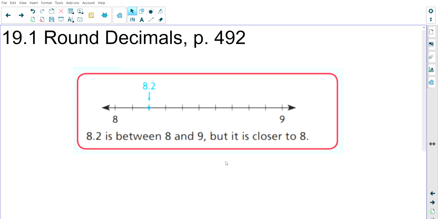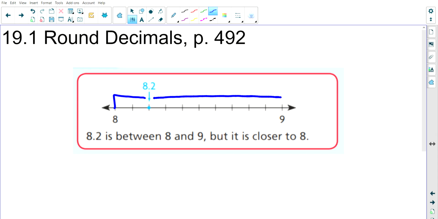Taking a look, I see that 8.2 is much closer to the whole number 8 than it is to the whole number 9. When rounding, we would round 8.2 to 8. We would round it down because it's closer to 8 on the number line.